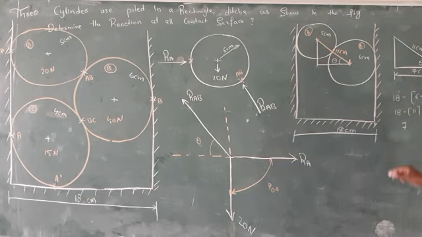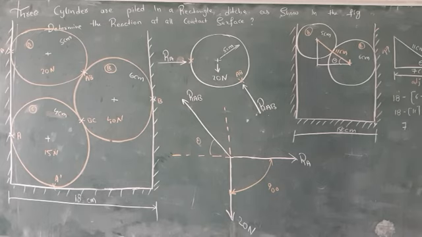Whatever the angle is, the opposite side you will always consider as the opposite, the incline you have to consider as the hypotenuse, and this one as the adjacent. After that you have two things: the first one is the adjacent, the second one is the hypotenuse.